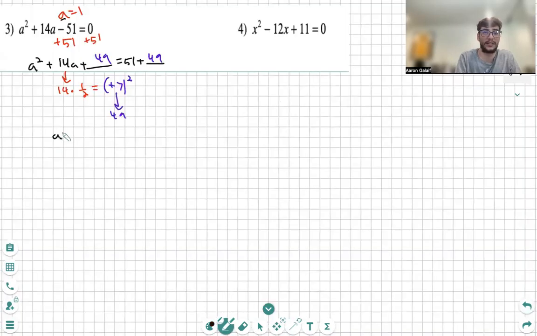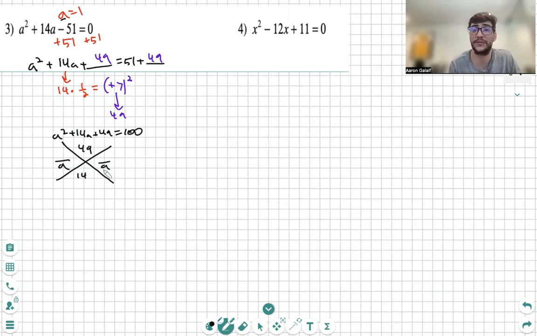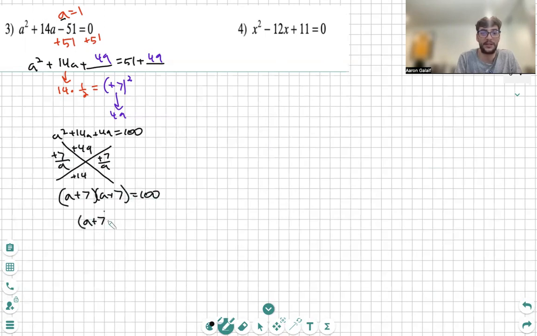Now rewrite, clean up the whole thing. X method the left side. Two factors of 49 that add to 14 are 7 and 7, both positives. Keep the signs. A plus 7, A plus 7 equals 100. A plus 7 squared equals 100.